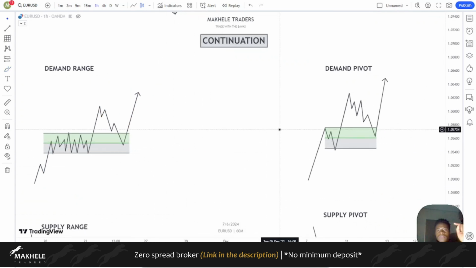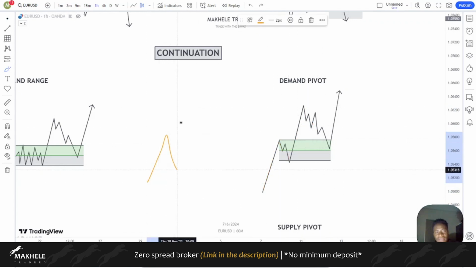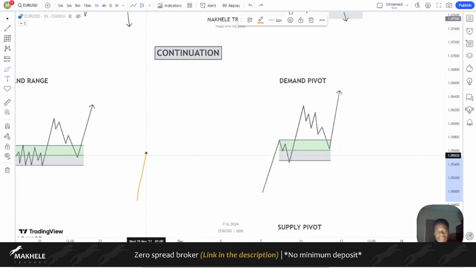Understood? So let's go to the demand pivot of a continuation. In a bullish trend, what will happen is that price will continue its trend, right? Same thing. Instead of it coming back here, price will generate its own demand zone like this. It will be a V shape like this, break the structure.